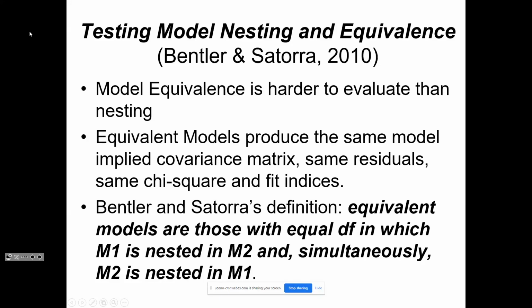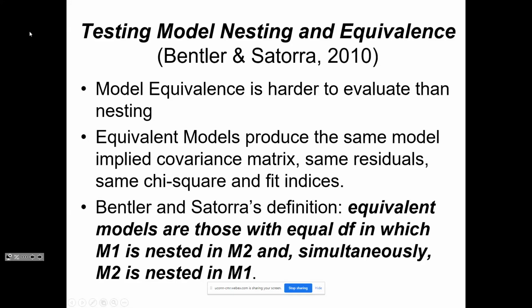Because we've talked about nested models as not having equal degrees of freedom. But their point is that they're really thinking about this operationally. If we had two equivalent models, they have equal degrees of freedom, but maybe I could actually test this idea of nesting.